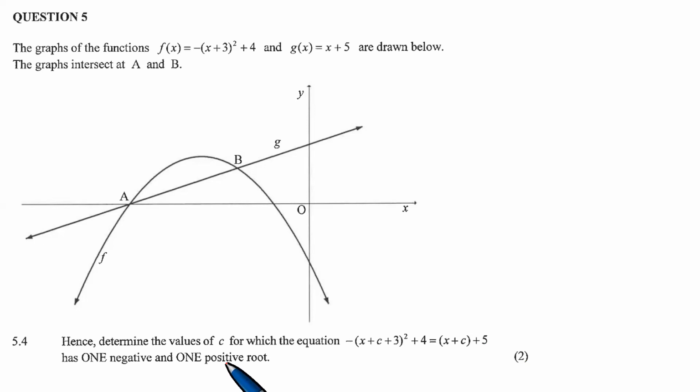So we look at this exactly and what is happening here. So the question is, what is the value of C here, for which this equation has one negative and one positive root? So you need to look at this and think about it, but very carefully.